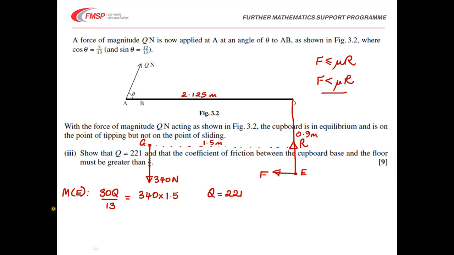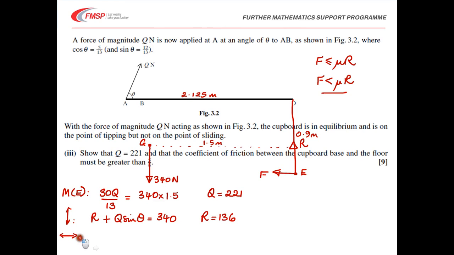So let's resolve. Balancing forces, this is our other technique that we can use here. Resolving the vertical direction. Upwards we have R and our component of Q, so Q sine theta. And downwards we have our 340 newton weight. And a little rearrangement on that gives you R is 136 newtons. That's just using our value for Q that we know is 221 and our value for sine theta and rearranging.